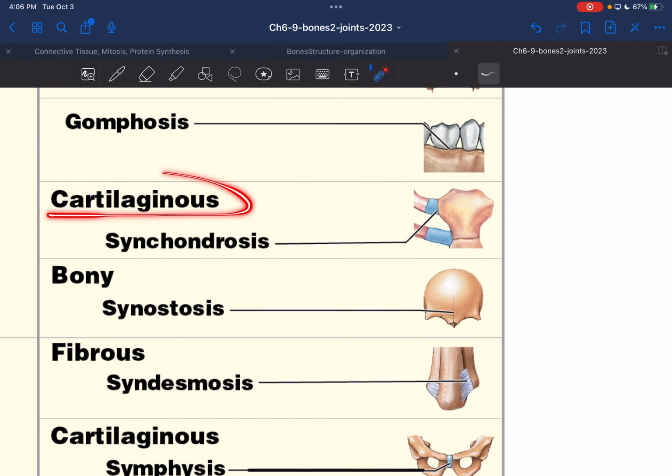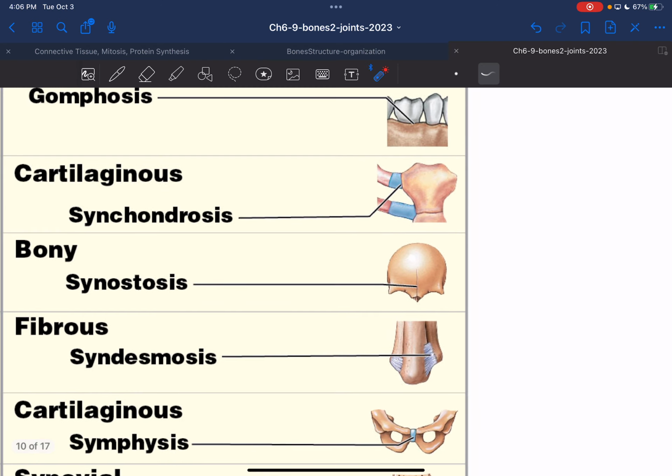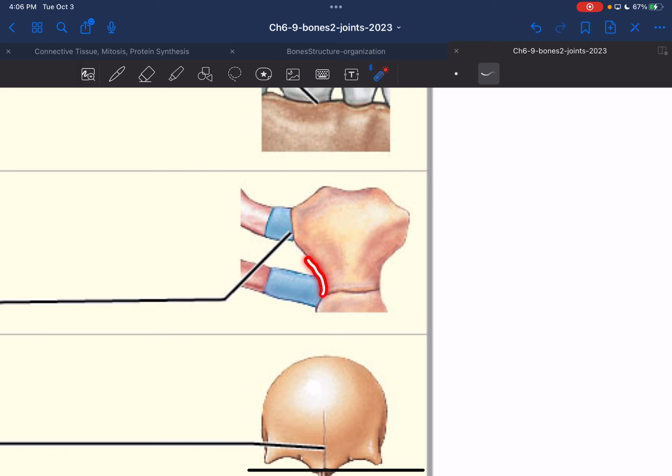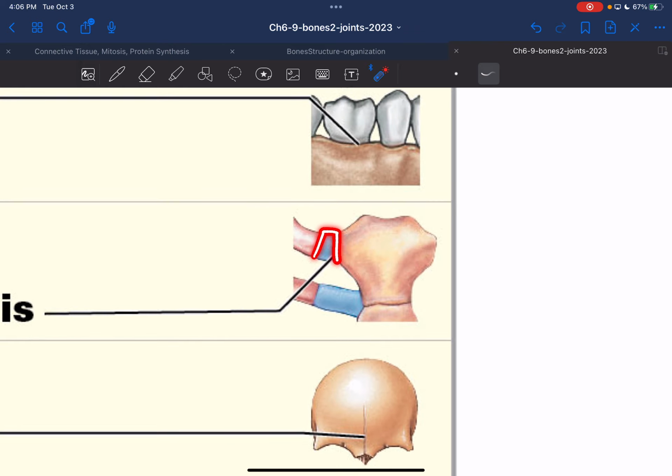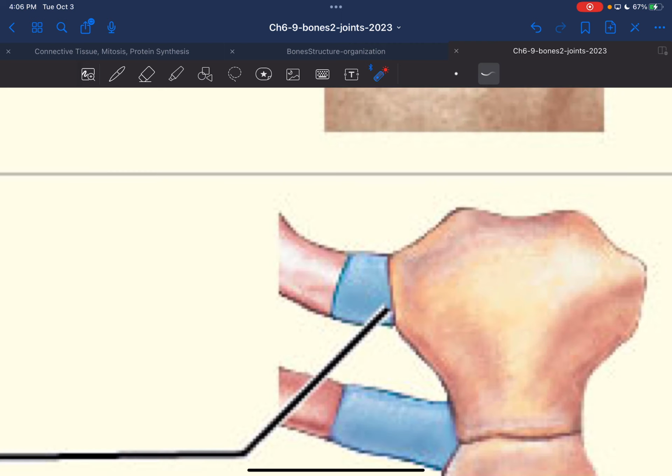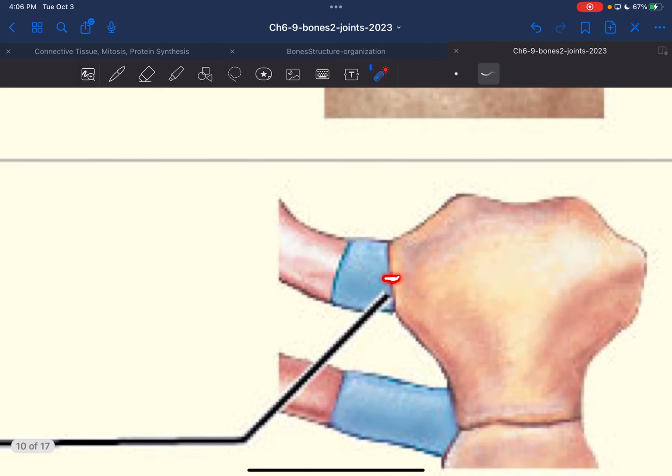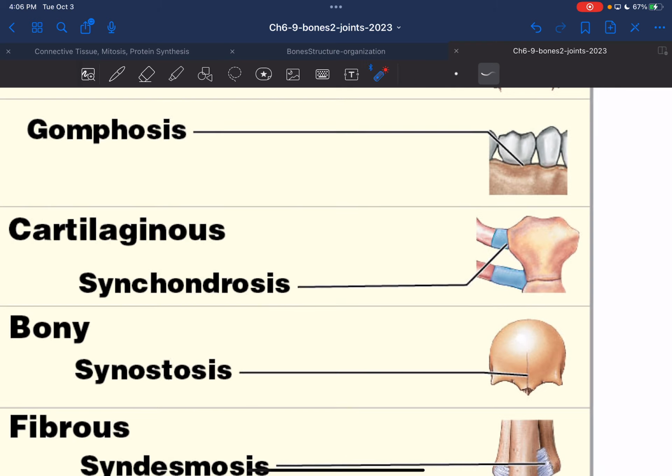When we move on to the next one, cartilaginous, this one is going to be a connection between, what's this structure here in the dead center of our body? Sternum. And so you can see one of our ribs here, and what are these cartilages on our ribs called? Costal cartilages. And so you can see that it actually connects the bone to the cartilage. It connects this bone to this bone. And so it has a unique name.